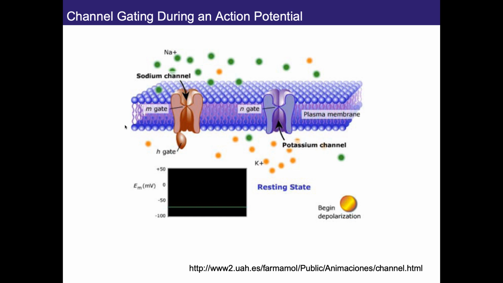And threshold is the depolarization that's required to open up these voltage-gated sodium channels. That's the definition of threshold. I'll say that one more time, it is the voltage required to open voltage-gated sodium channels. And that's what initiates action potentials.